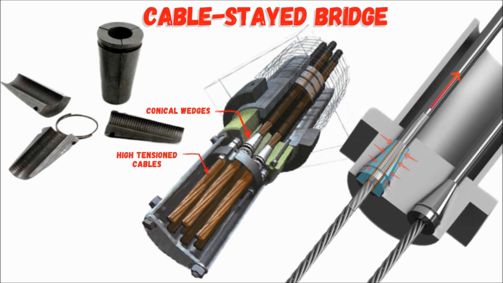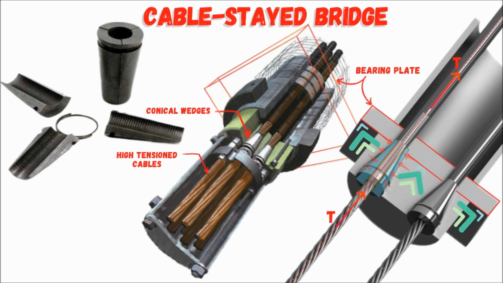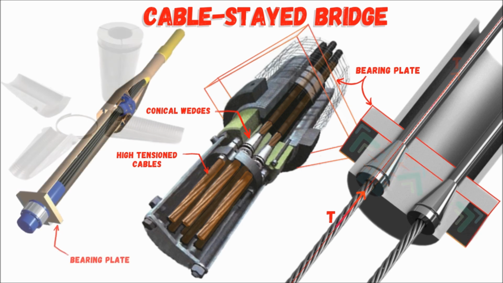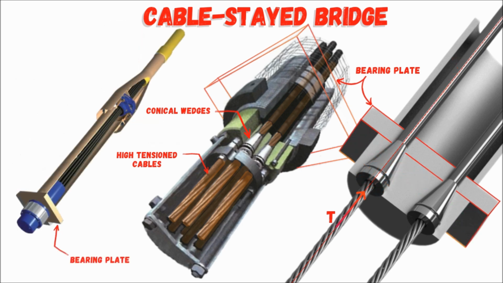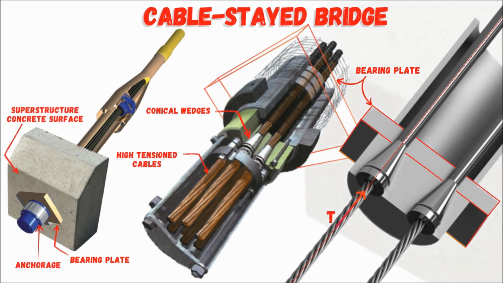It then distributes this concentrated high tensile force over a wider area called the bearing plate. The bearing plate primarily acts as an intermediary component between the anchorage and the concrete surface, which distributes the concentrated loads from the anchorage over a wider area of the concrete, preventing localized crushing or cracking due to the concentrated load.